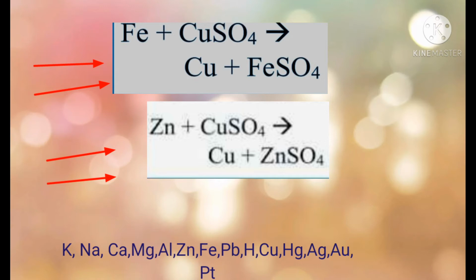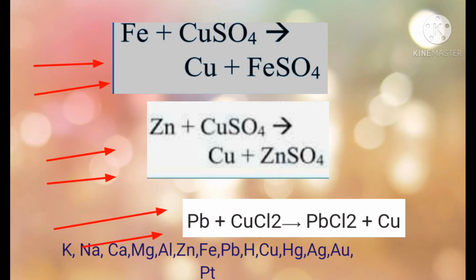Zinc is more reactive than the copper ion, so a displacement reaction occurs. You write copper plus zinc, so you will get the compound zinc sulfate, and that solution is white in color. Zinc sulfate is white, and you will get copper as a precipitate, reddish brown in color. So the blue solution changes into a white solution because of the formation of zinc sulfate.